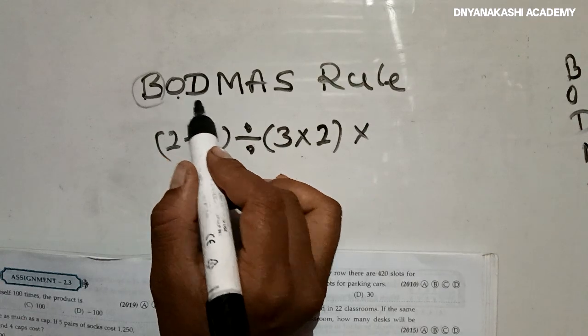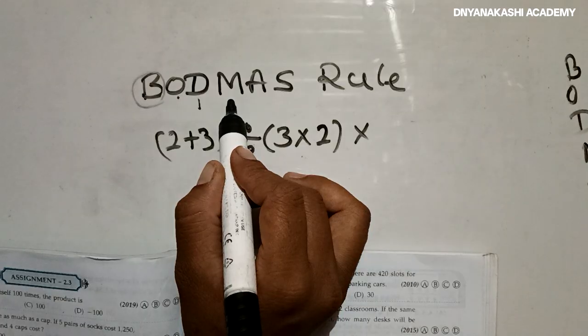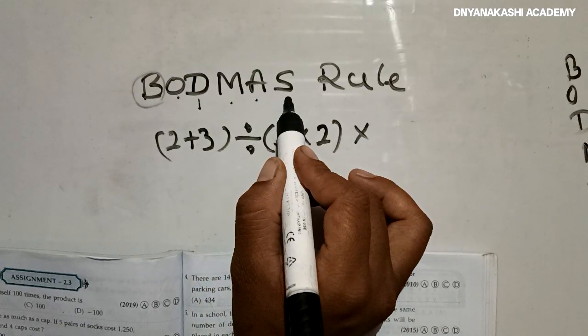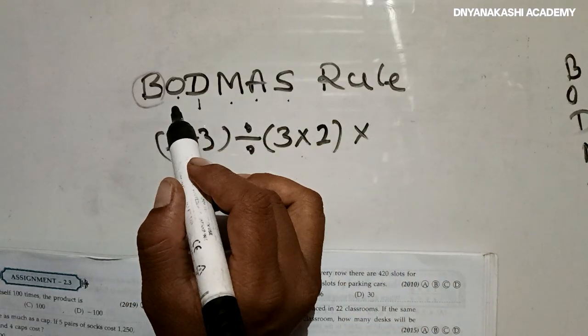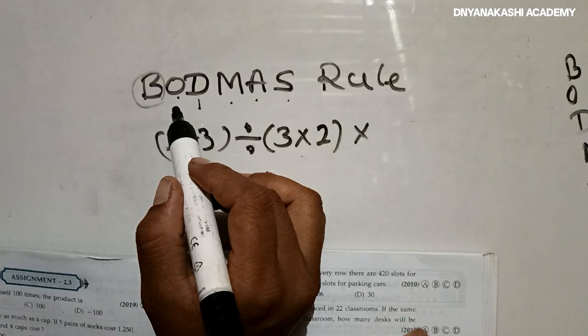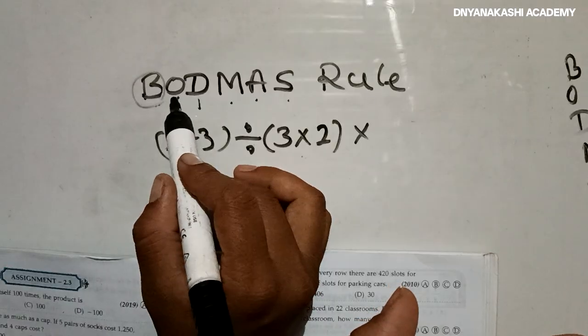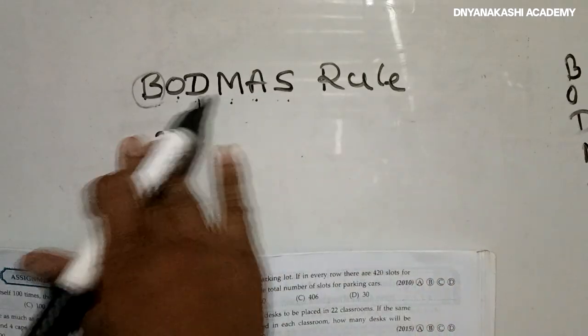O means of, D means division, M means multiplication, A means addition, and S means subtraction. This one is the rule. We call it the BODMAS rule: bracket, of, division, multiplication, addition, subtraction.